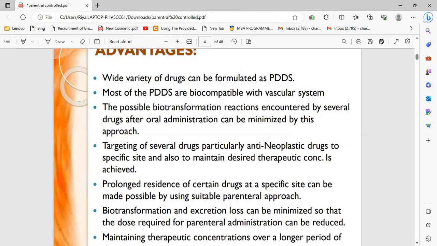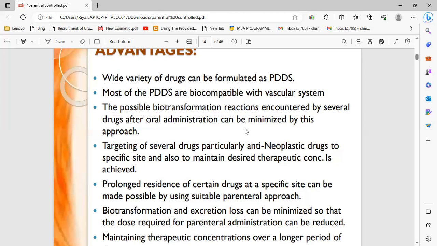There you will find the biotransformation of most of the drugs, because all types of cytochrome P450 enzymes are present in the liver, and these enzymes are responsible for first pass metabolism. Before entering the systemic circulation, most of the drugs will get metabolized there, and that is nothing but first pass metabolism. You can see this first pass metabolism only when you administer the drug to the GIT, that is, the upper part of the GIT.